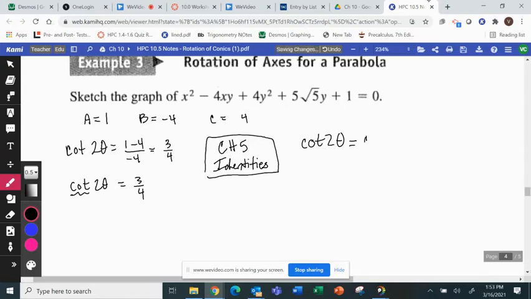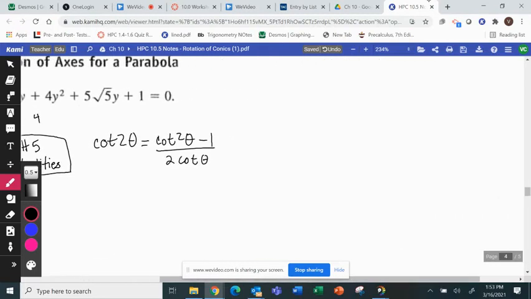That is equal to cotangent squared theta minus 1 over 2 cotangent theta. So they're using that. So that came from chapter 5. So since cotangent 2 theta is equal to 3/4, I'm going to set cotangent squared theta minus 1 over 2 cotangent theta equal to 3/4, and I'm going to cross multiply.